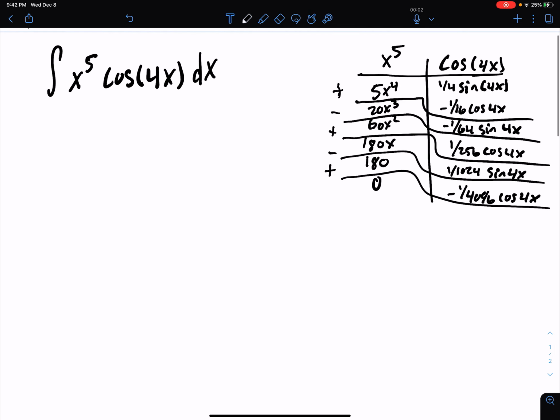And so now solving this and putting it all together in one big long string of numbers, it's going to be 5x to the fourth times 1/16 cosine of 4x.